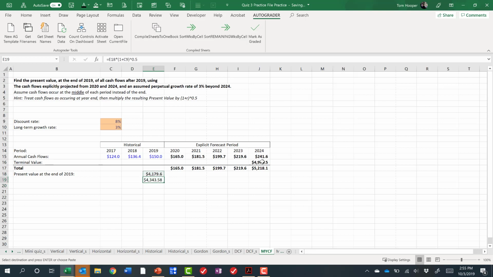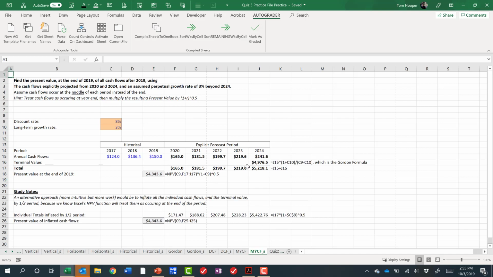Let's think intuitively, does that make sense? And it does, because if each of these cash flows occurred 6 months earlier, then the present value should be larger than if they occurred at the end of the year. And they are, in fact, larger by 1/2 year discount. Let's look at the solution and see another way to do this.